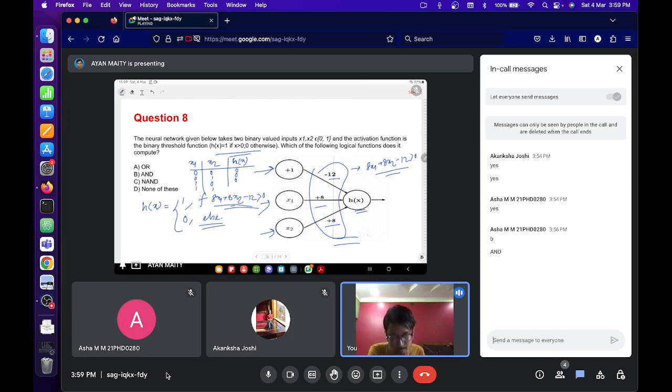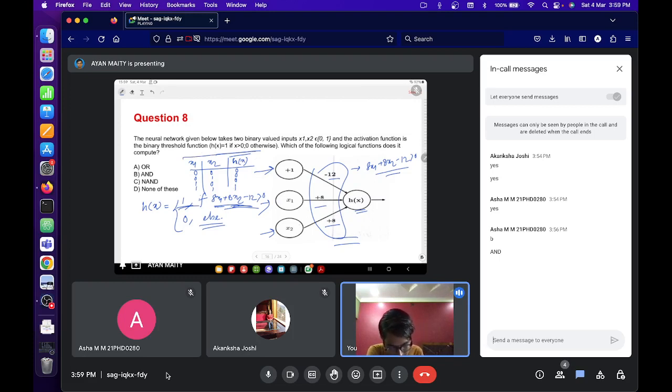And finally, if both the inputs x1 and x2 are 1, then it would be 8 plus 8 minus 12, which is 16 minus 12, so it's 4. That means it is positive, it comes under this condition, so it would be 1.